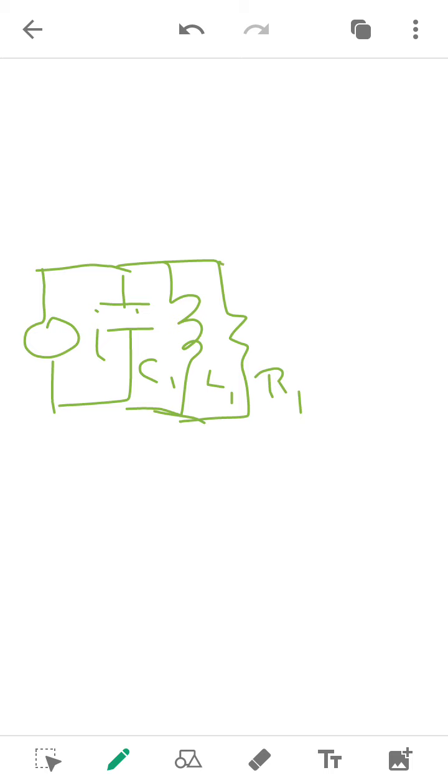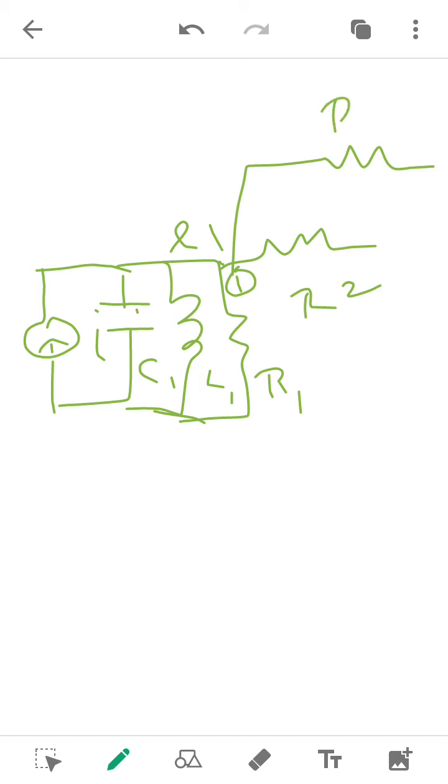And here the node, this is node number 1, the corresponding voltage is E1. And it is also having between 1 and 2 one resistance, it is R2, and between 1 and 3 one R3 is common. So this is for the first nodal equation.